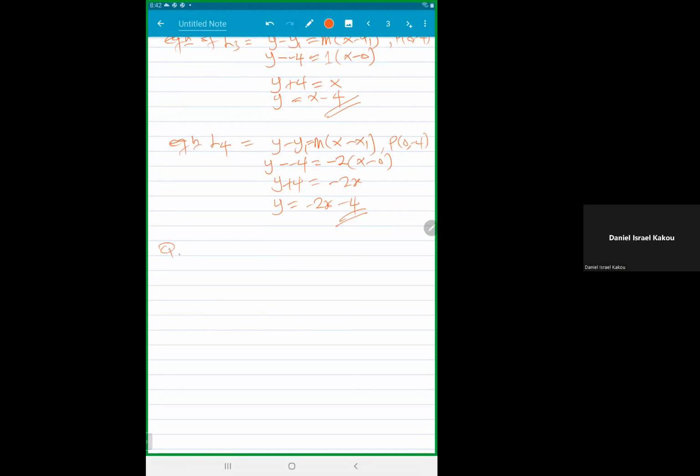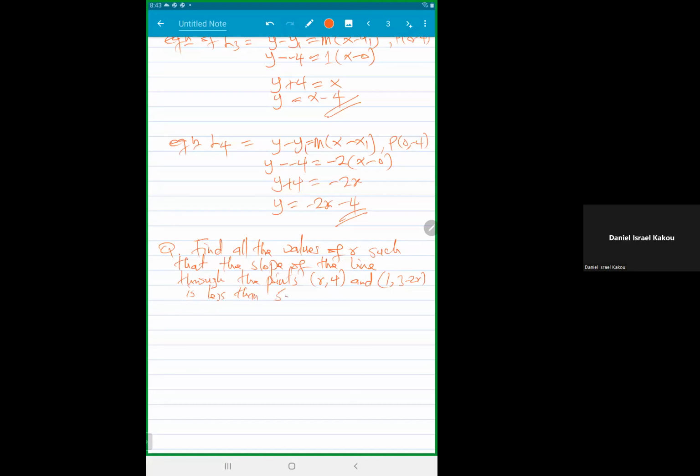So another question that says, find all the values of r such that the slope of the line through the points (r, 4) and (1, 3 minus 2r) is less than 5.